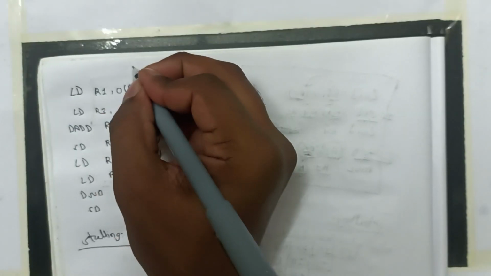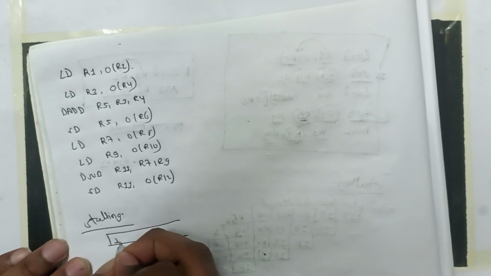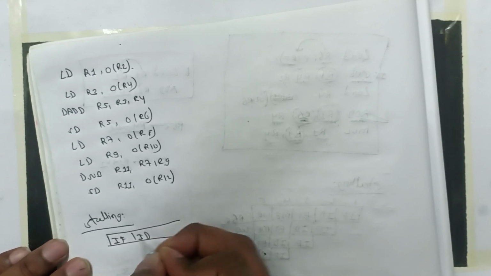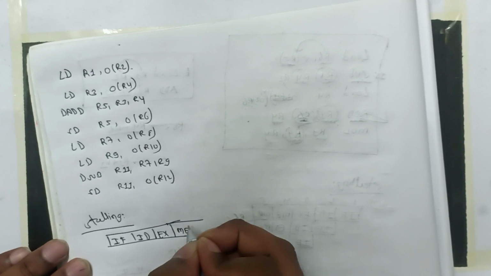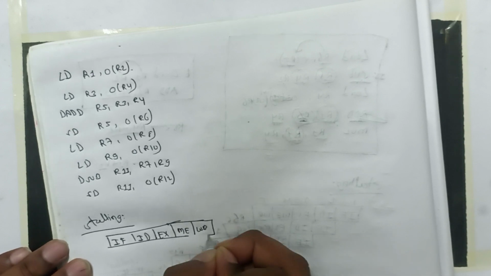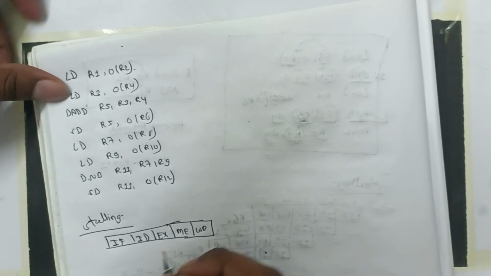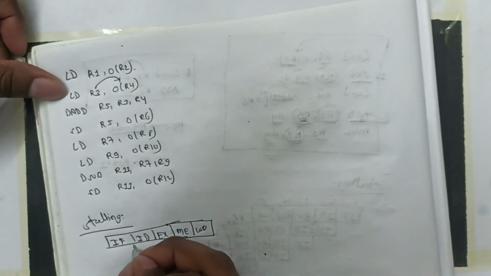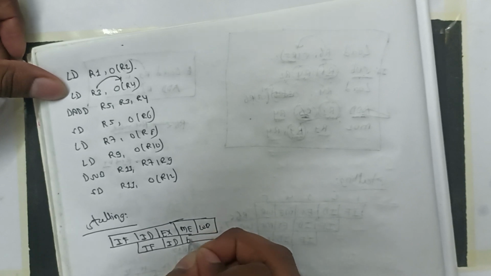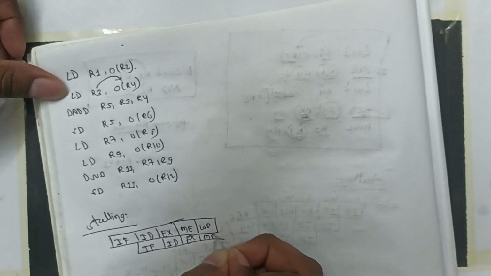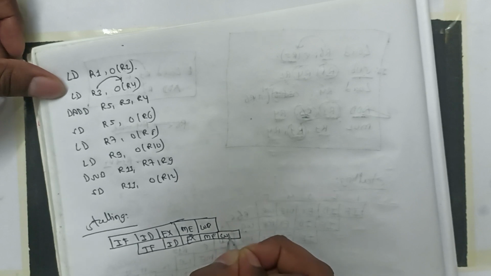There is no instruction before that, so simply IF ID EX MEM WB. Again, load R3 in R4. Is there any dependency? No dependency. Simply IF ID EX MEM WB.